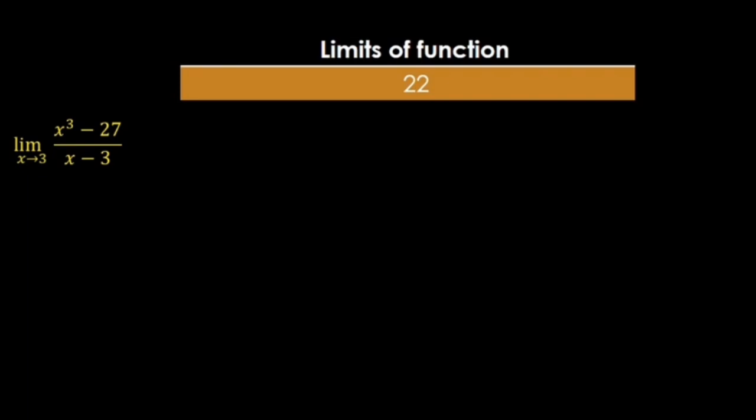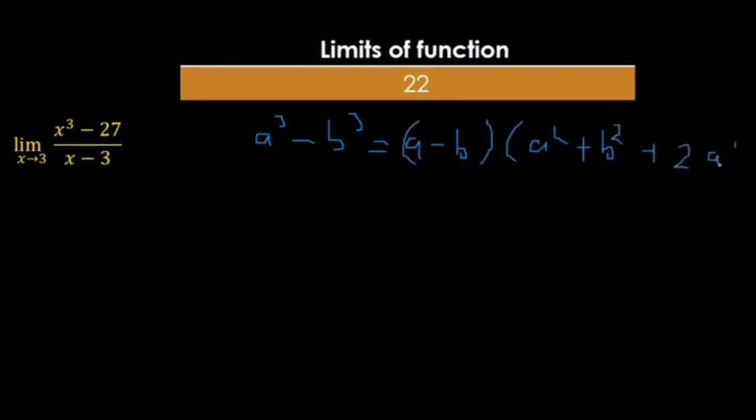Use a different color. A cube minus b cube is equals to a minus b times a square plus b square plus 2ab. That's from algebra. Proceeding, let's substitute this technique here.